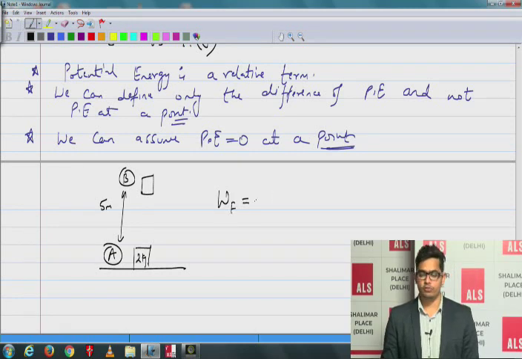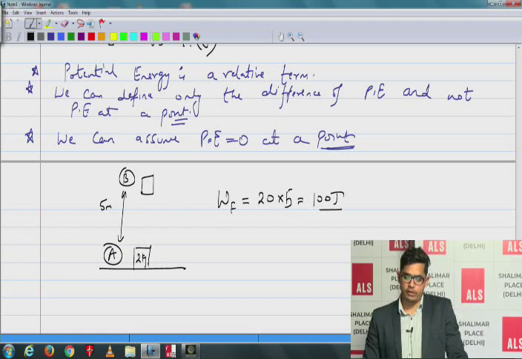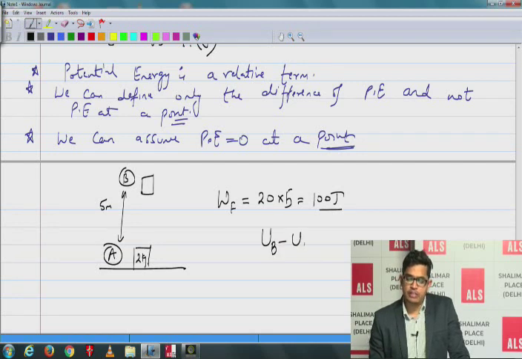Work done by external force is mg, which is 20, times 5, so 100 joules. So external force has done 100 joules of work. Now what is the meaning of this? It means potential energy at B minus potential energy at A is equal to 100.